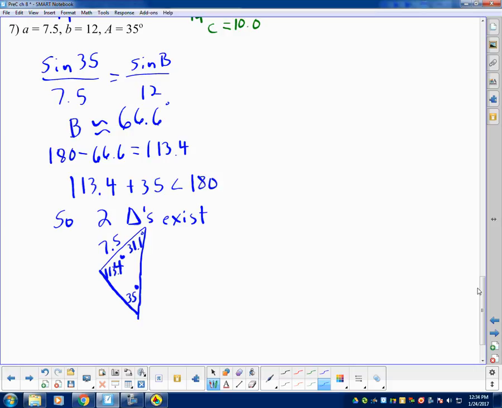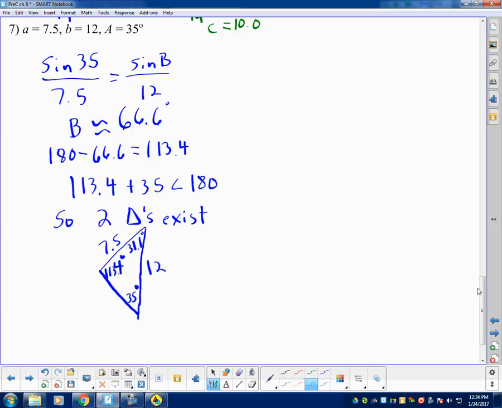And then the side opposite the 113.4 should have been 12. So I have one more piece to find, the side opposite the 31.6. We're going to do something with that in just a minute. Sorry, I'm drawing the other one first. We have another triangle that has a 66.6 in it instead of a 113.4. Let me draw that one now as well. So that one might look kind of like this.